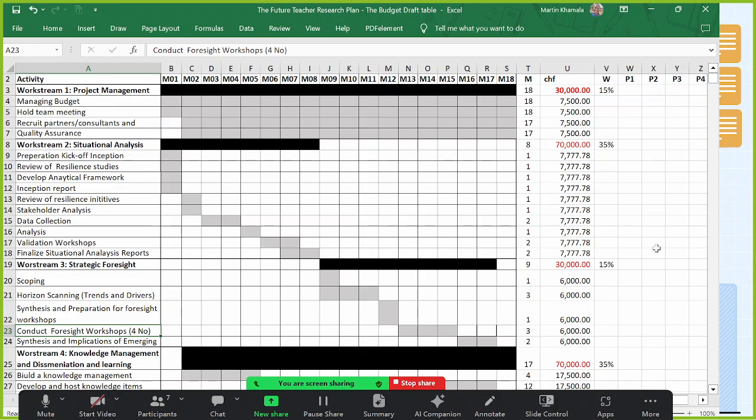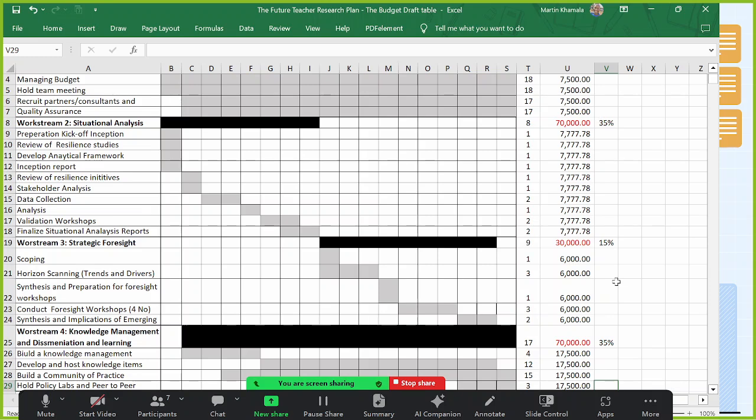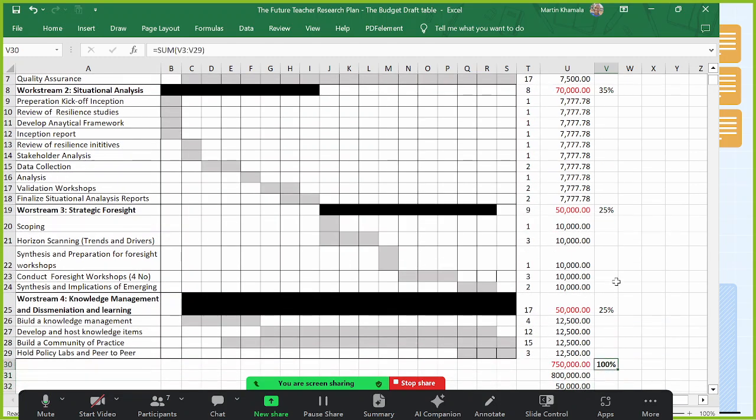Assuming 2 workshops in Ethiopia and 2 workshops in Kenya, you want cross-sharing and cross-pollination, so you may have to take people from Kenya to Ethiopia and vice versa. So I'm saying the activities are not small, so we can increase it to 25. Then this one comes to 25 also. The total is now 100.